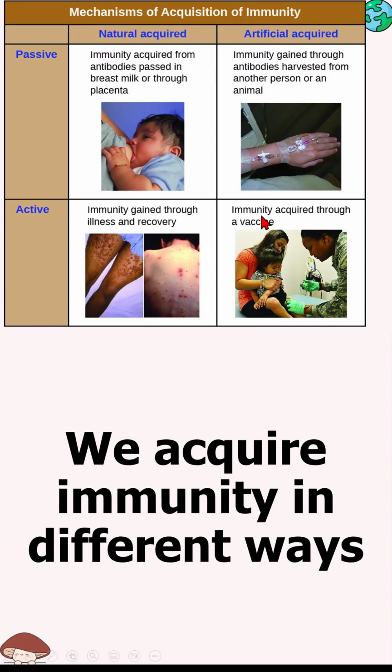So when we vaccinate a person, we are artificially introducing their body to the pathogen, and typically we give them a weakened version or even just a part of the pathogen. So instead of the entire virus, just a piece of the virus, and then their immune system recognizes it as foreign and starts to produce antibodies against it. So it is still active because you are making your own antibodies, but it is artificial because you've been exposed artificially. And so those are the different ways that we can acquire immunity.